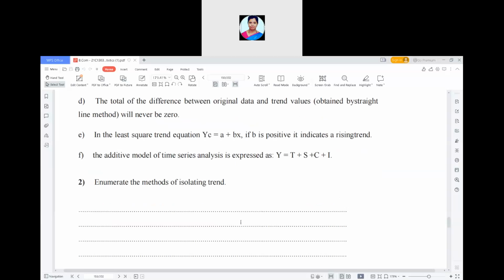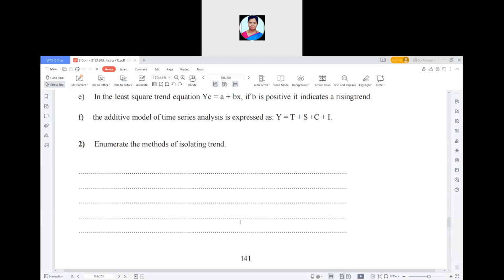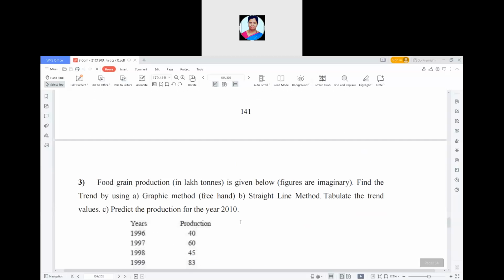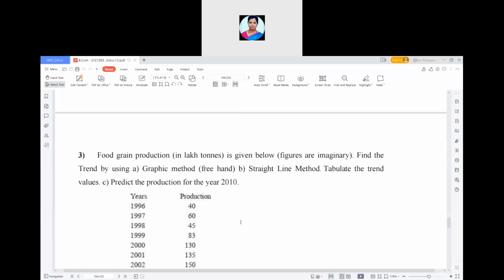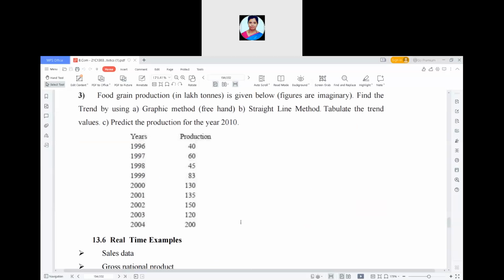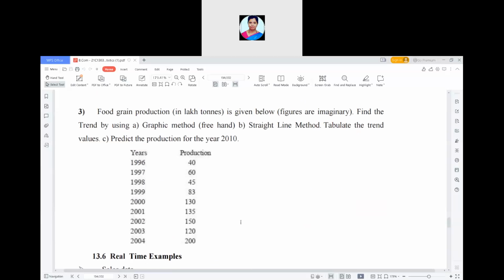And the next one is to enumerate the methods of isolating trend. And here is the problem we have. So using these years and production, we have to give a freehand method. This graphical method we have to draw.